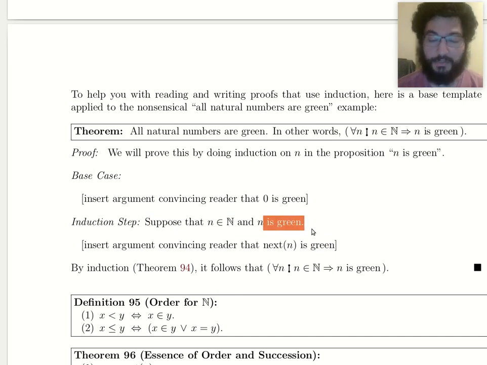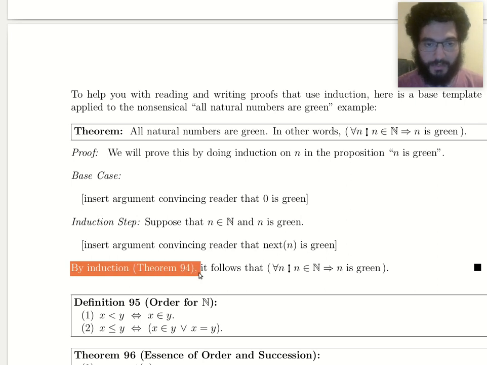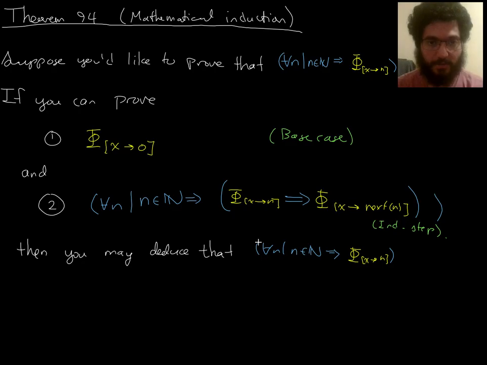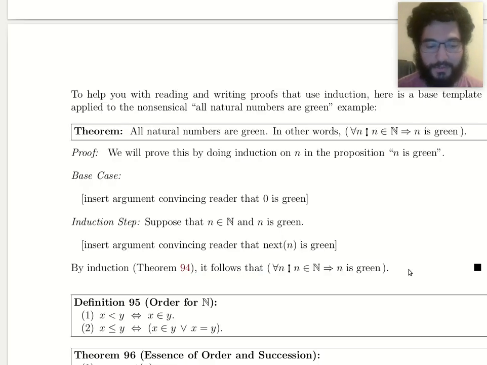It's just that "is green" will be replaced by different things. And when you're done with both of those, usually you can just stop, but this is what the conclusion sentence would be if you really want to include it: by induction, so by theorem 94, it follows that every natural number is green.